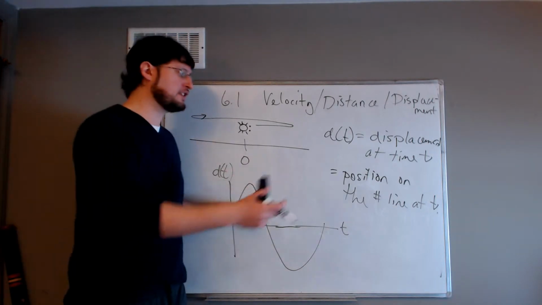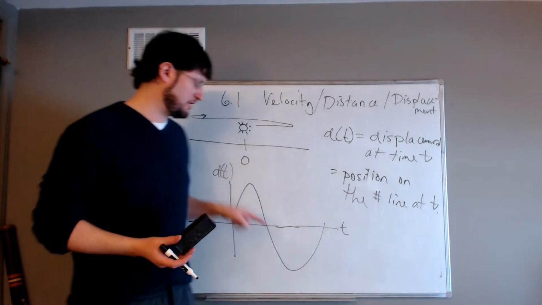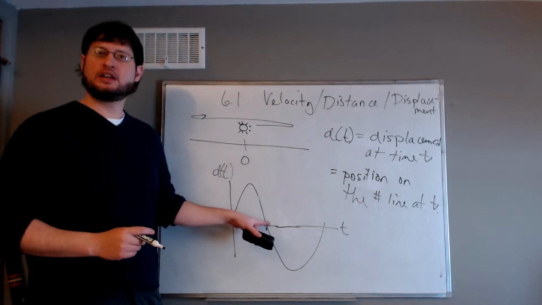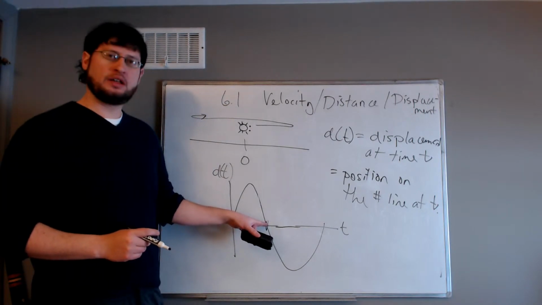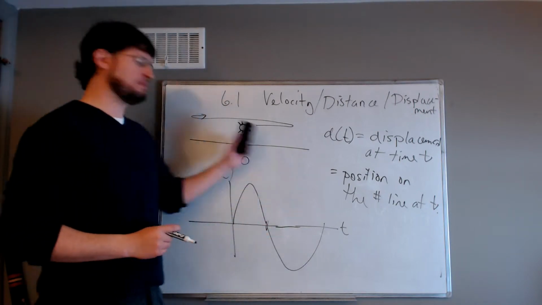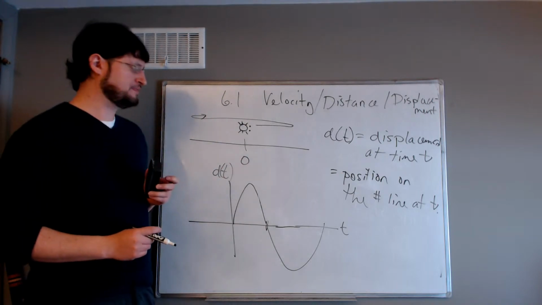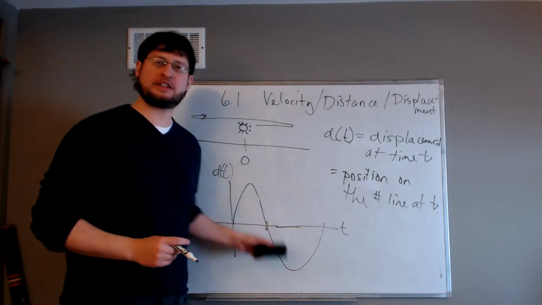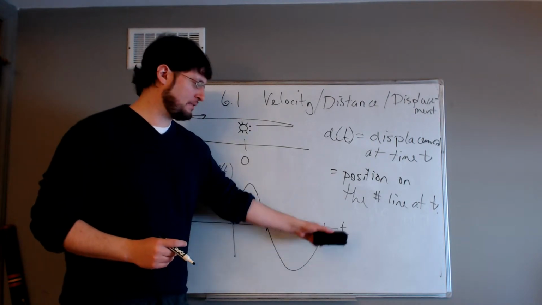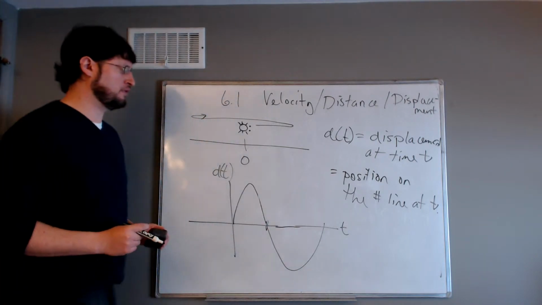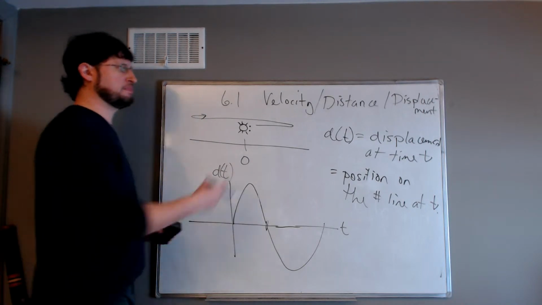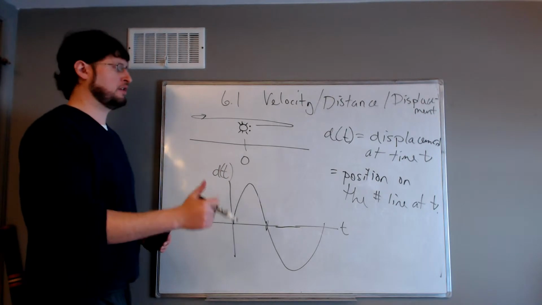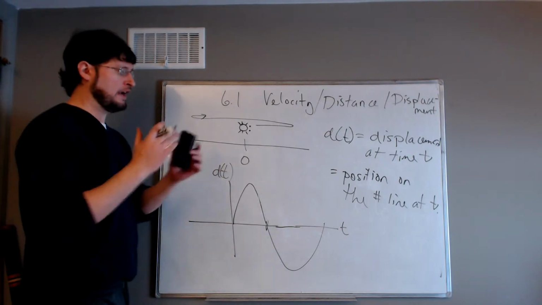That is, its distance from the origin, its position at time t, started getting smaller, and at this point, it got back to the origin. Its displacement was 0, and now I have negative displacement, which means opposite direction. And so it moved into the negative x values, and then finally back to 0, and then moved a little bit forward. So for displacement, we may have negative values, and all that means is we're to the left of wherever we started.